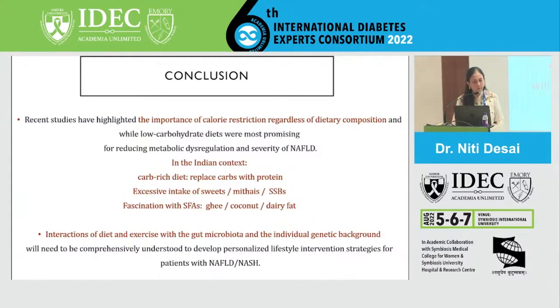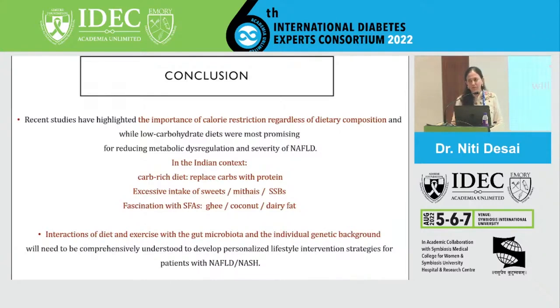Need to counsel our patients and especially look at the excessive intake of sweets, mithais now in this festive season, and the sugar-containing beverages, which could range from aerated drinks to sharbats to what have you. And also, we need to tackle our fascination with the saturated fats, especially the ghee and the coconut.